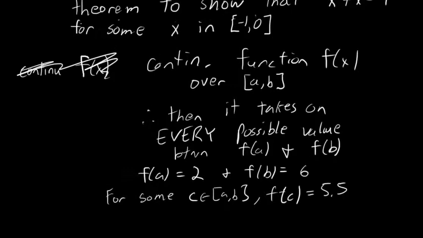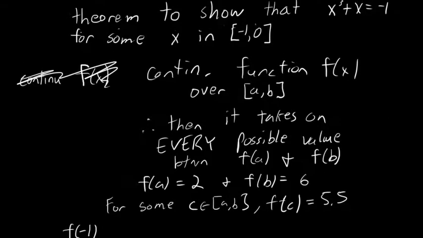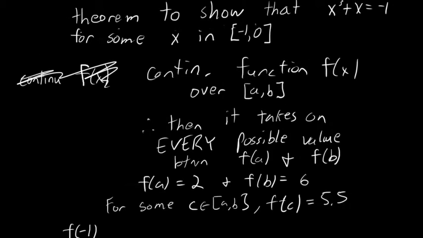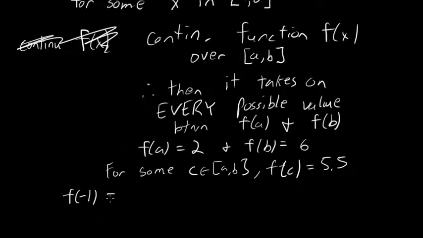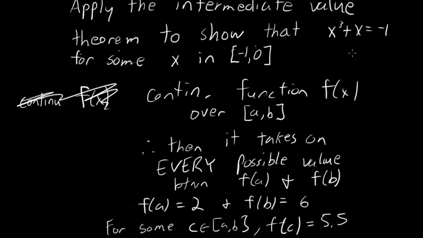I should say f of x equals x cubed plus x, and we're interested in the closed interval a, b equals minus 1, 0. We're looking at this piece right here.